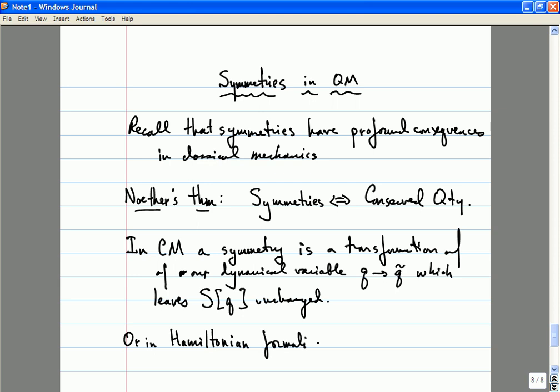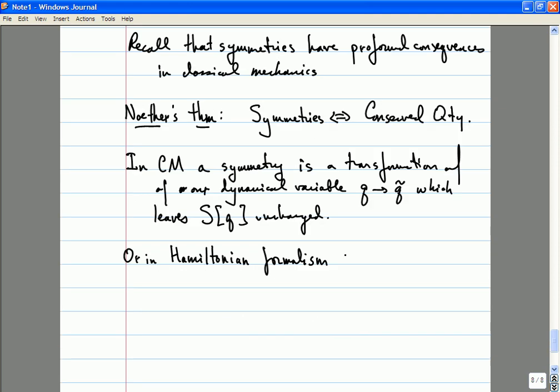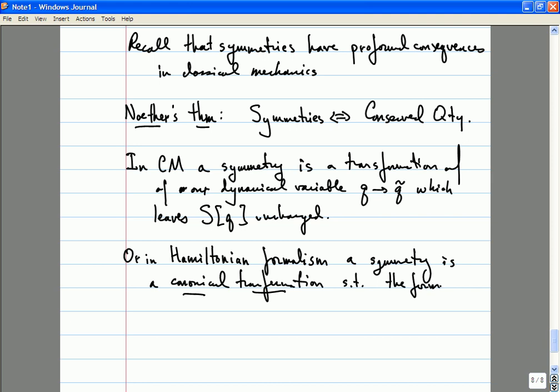In Hamiltonian formalism, a symmetry is a canonical transformation which leaves the form of Hamilton's equations unchanged.